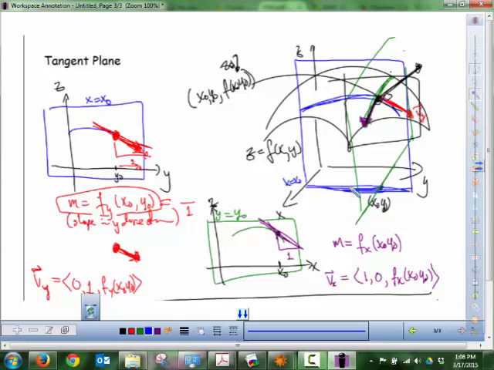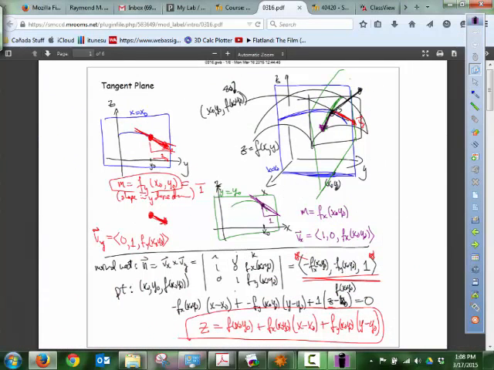No. Well, we got the tangent plane already, so that problem's done. So let's see if I could come up with another picture here.